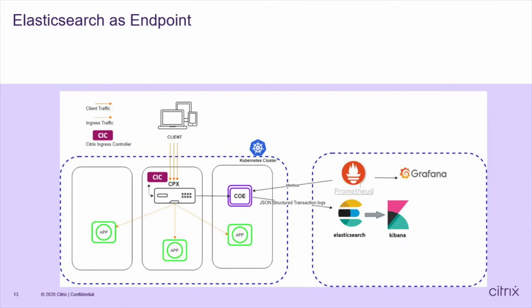As we have seen earlier in the architecture diagram, Citrix Observability Exporter runs a push gateway, and Prometheus is configured to pull data from it. So the Prometheus scrape target would be our COE. The same data can be visualized in Grafana, and we can create alerts and so on, which we will see in the demo.